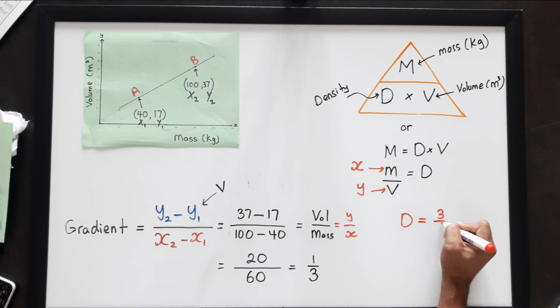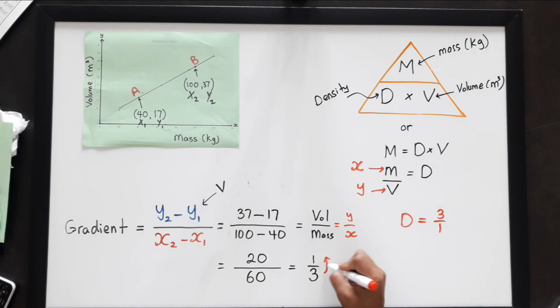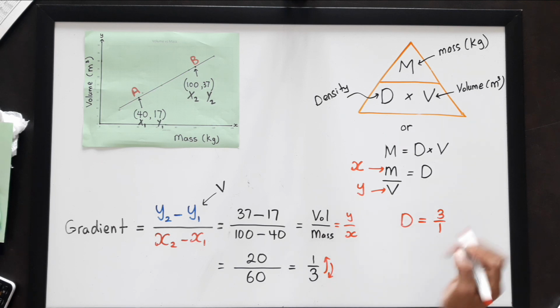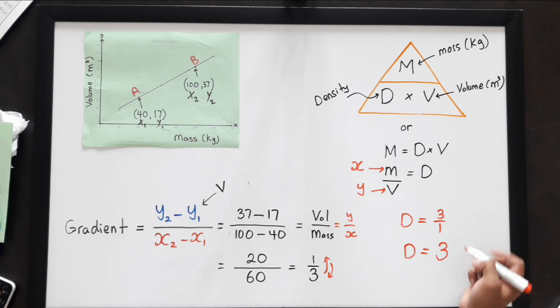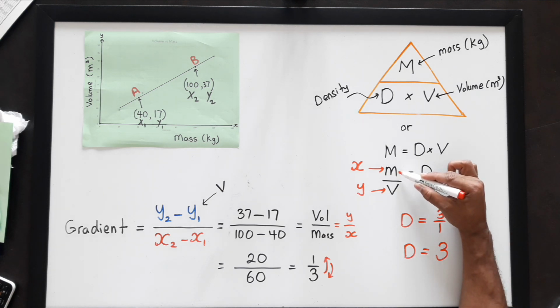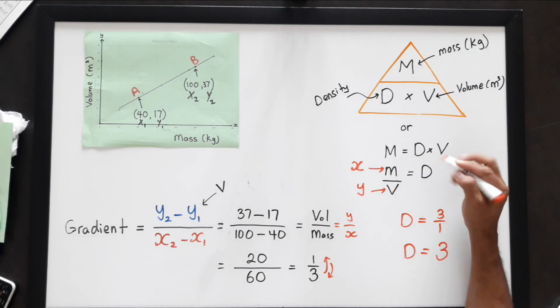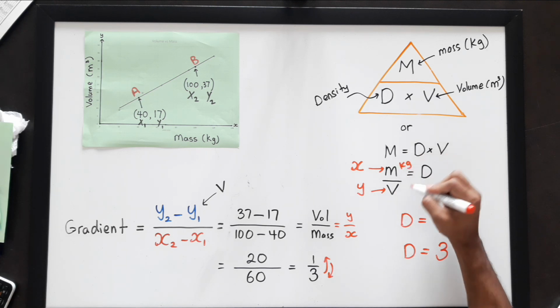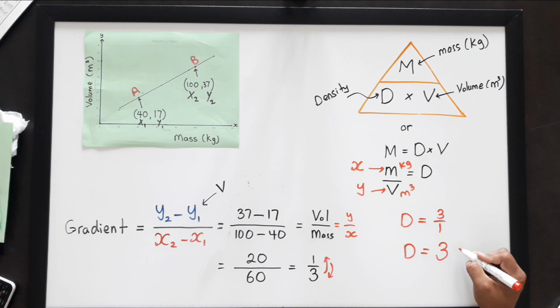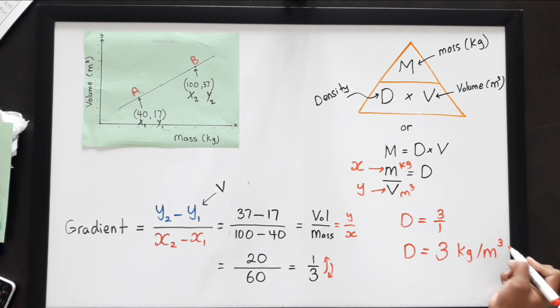It's actually 3 on 1. You have to flip it. The 3 goes on top and the 1 goes underneath. And 3 divided by 1 is 3. And to get the units correct, remember mass is measured in kilograms and volume is being measured in meters cubed. So that means my density is 3 kilograms per meter cubed.